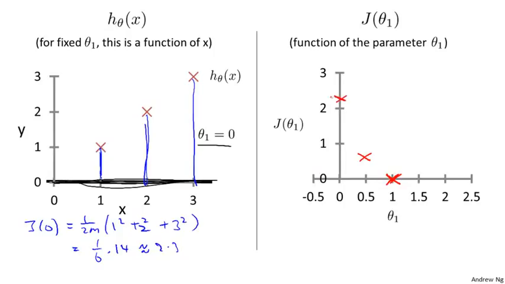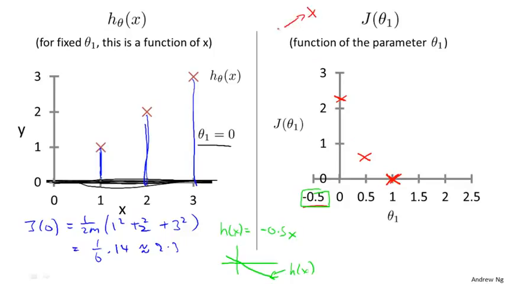And of course, we can keep on doing this for other values of theta 1. It turns out that you can have negative values of theta 1 as well. So if theta 1 is negative, say minus 0.5, then h of x would be equal to minus 0.5 times x, right? And so that corresponds to a hypothesis with a slope of negative 0.5. And you can actually keep on computing these errors. For minus 0.5, it turns out to have a really high error.